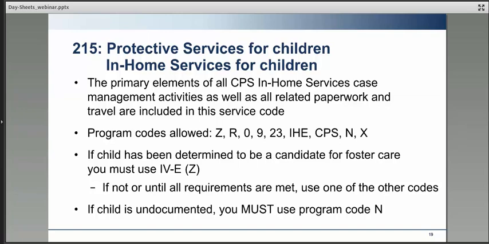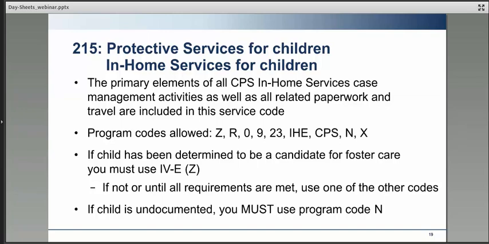So Z trumps all other codes regardless of the fact that the child may be eligible for another code. If the child is not eligible for Z or not found to be a candidate for foster care, or until the time that you've met all of those requirements, you can use one of the other codes. And again, we'll talk about what that means in just a second.